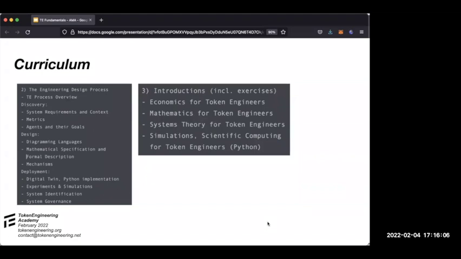Since some parts of the process will reach into particular domains that you might not be familiar with, because everyone is coming from a different background, we also want to provide introductions to the topics for new students. If you have an economics background and don't know so much about mathematics, engineering, or programming, you should still be able to conduct the process.